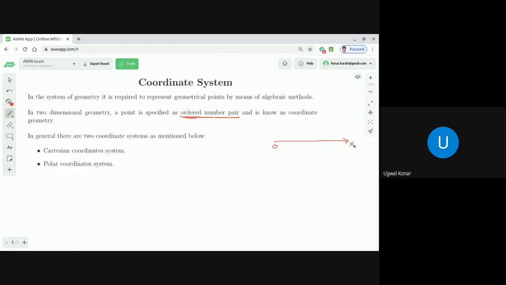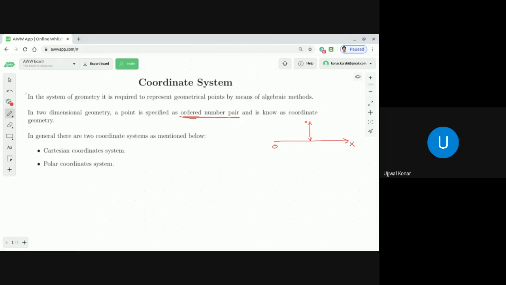Suppose I say this is a point. How can you represent it? You can only say how far it is from the x-axis, this distance, right? But that information is not sufficient to represent that particular point uniquely.